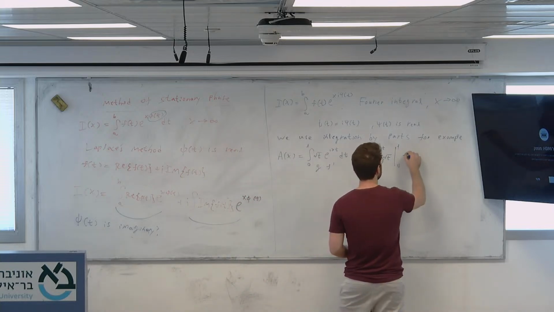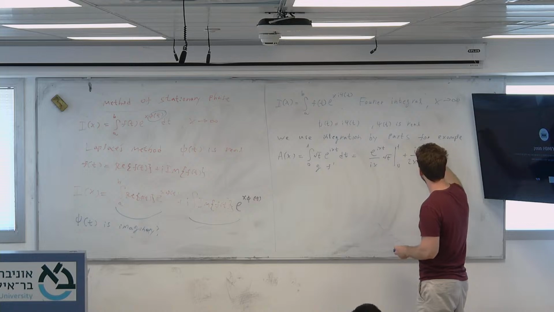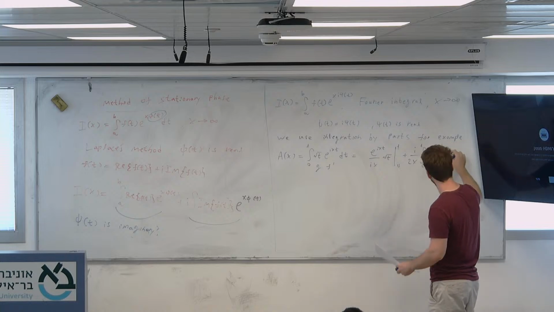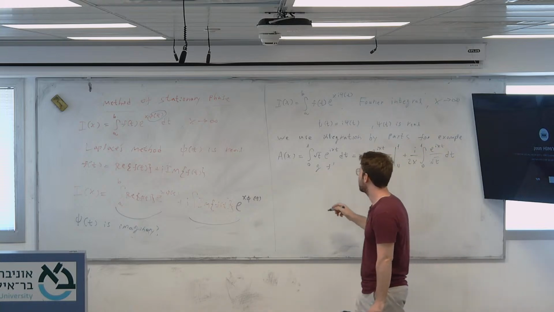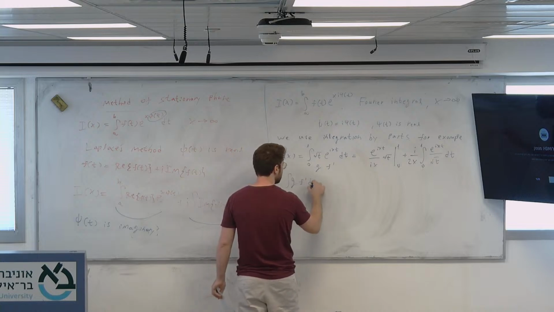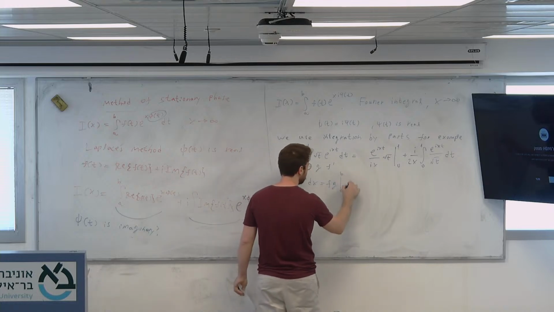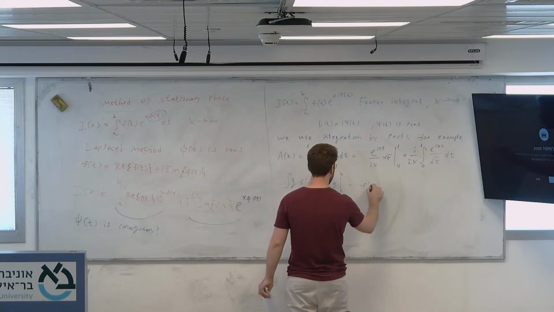And now we need to differentiate, sorry. So fg between a and b, minus f prime g.